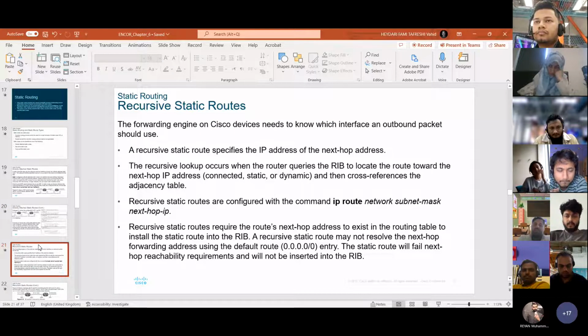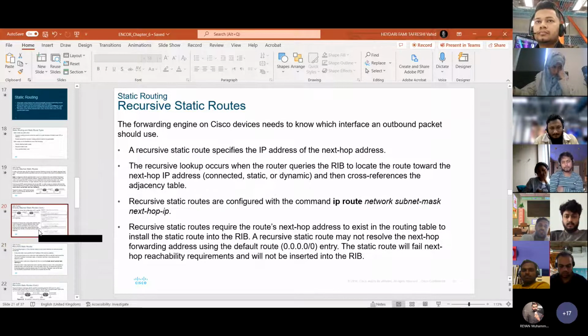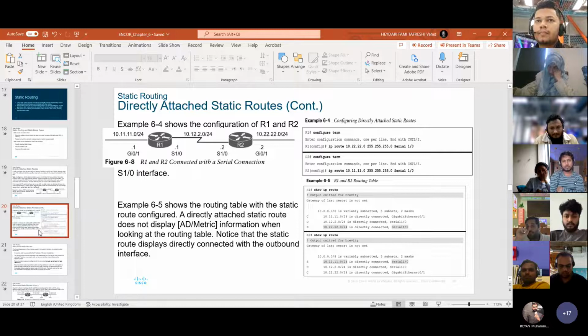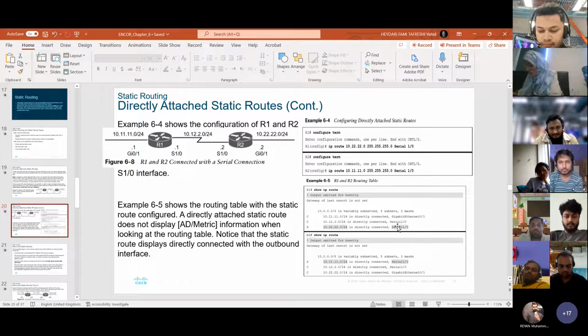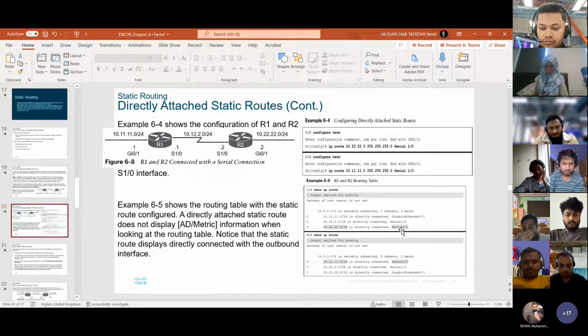If you think about it, just go back to the previous slide. What happens in this routing table is a recursion, or a recursive lookup. Those of you who are aware of any programming language should know what recursion means in that context.